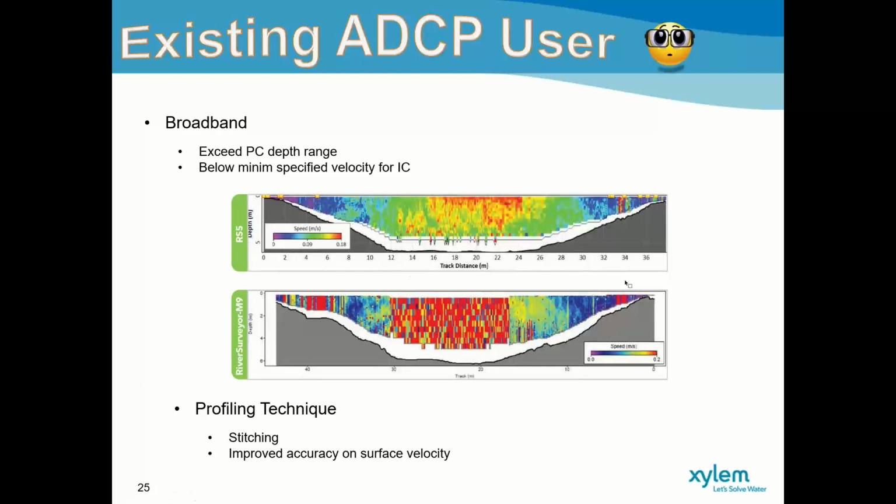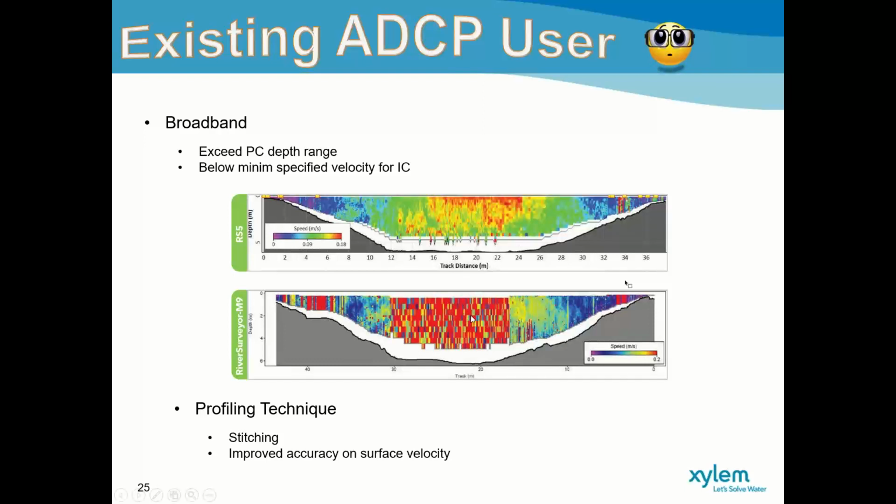If we are an existing ADCP user, why do we need RS5? I think the first reason is the unique broadband solution that SonTek implemented. That will resolve areas where pulse coherent exceeds its depth range, as well as velocity range, and especially measurement sites where the minimum specified velocity is below the incoherent method's minimum.